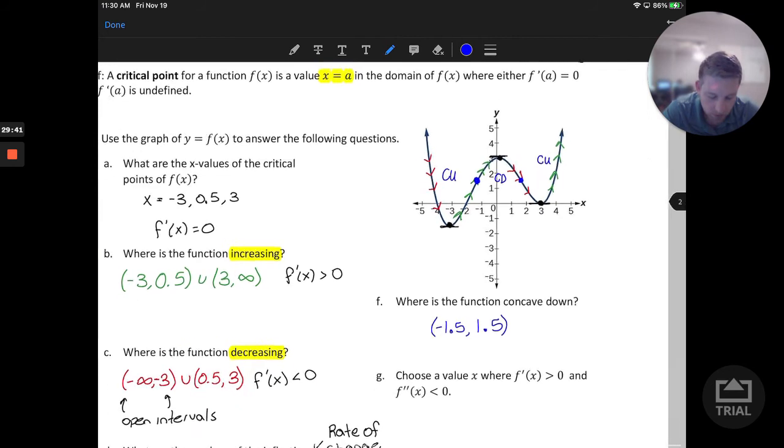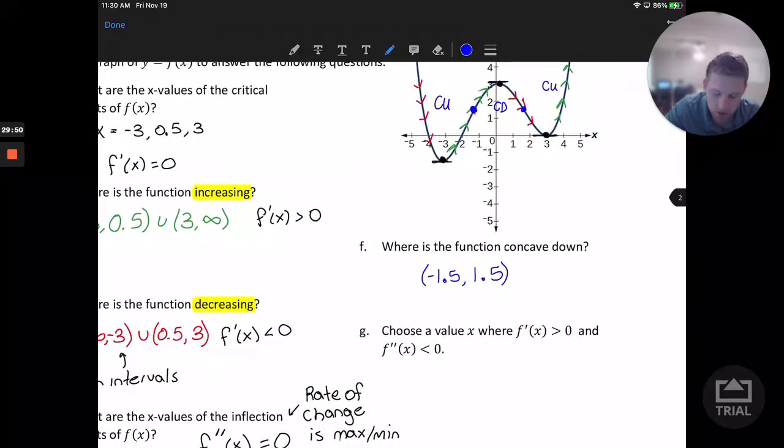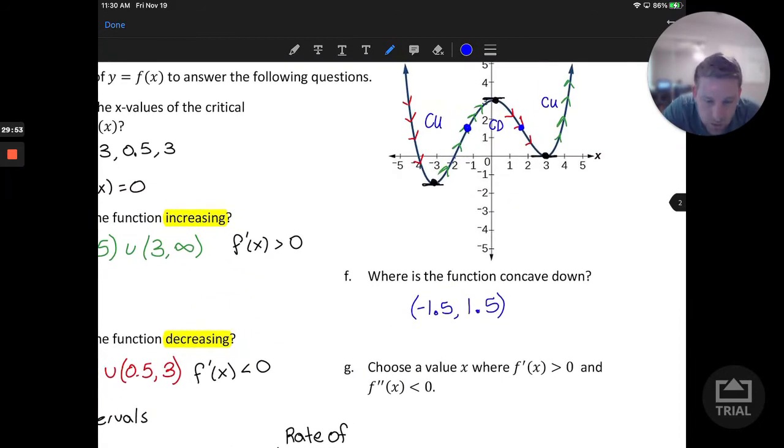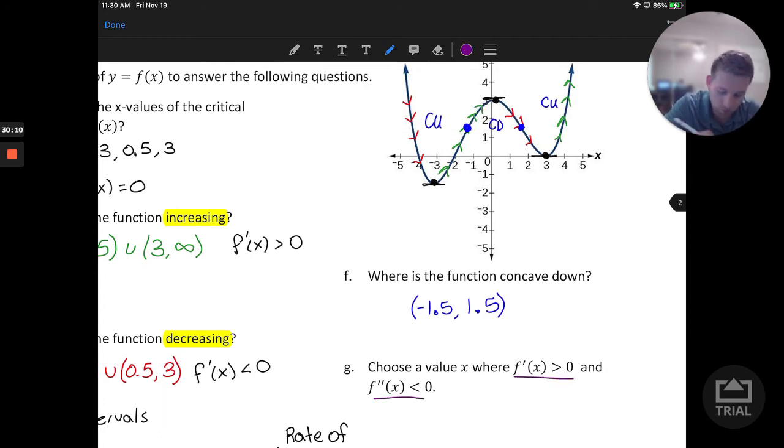A couple items to finish up: considering combinations of the first and second derivative. For part G, we're asked to choose an x value. Again, there could be multiple solutions to this. Choose an x value where the derivative f prime is greater than 0 and where f double prime is less than 0. I'll use a specific color to mark this, purple. I want a portion of my function where the slope, or my rate of change, is positive, so I'm increasing.